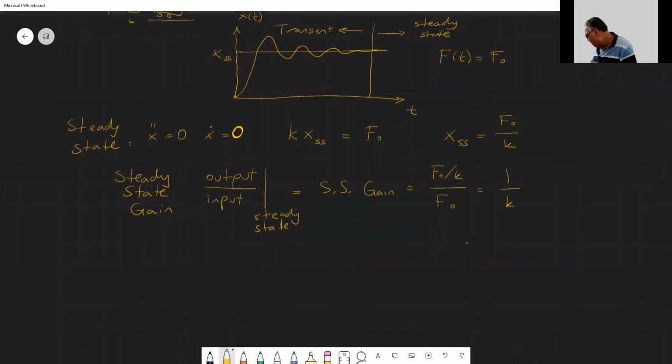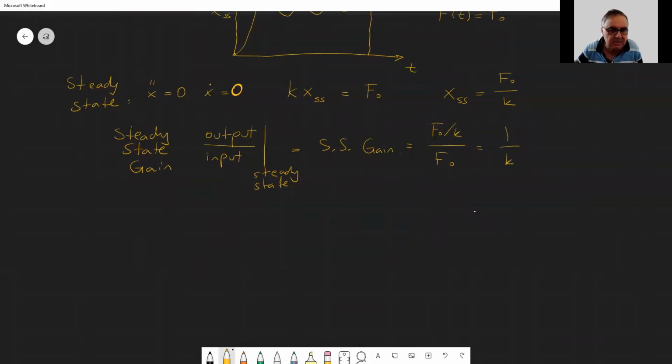Well, it is called a DC gain, as we know, because it's electrical engineering terminology. For example, if you have something like an amplifier, let's say, if you have an input of 0.1 volts, and if your output is 10 volts, let's say, of course, there has to be an external input to the amplifier.